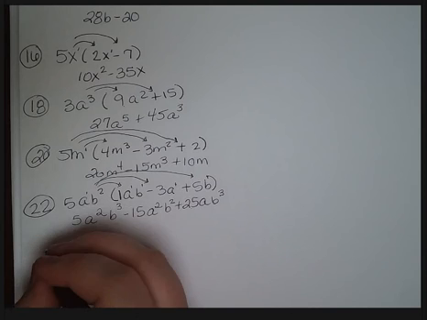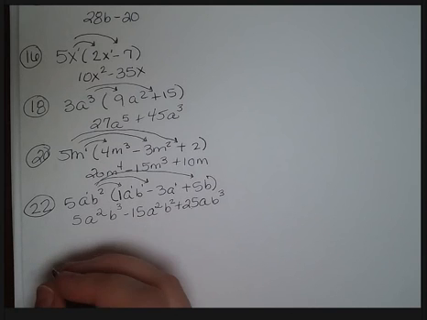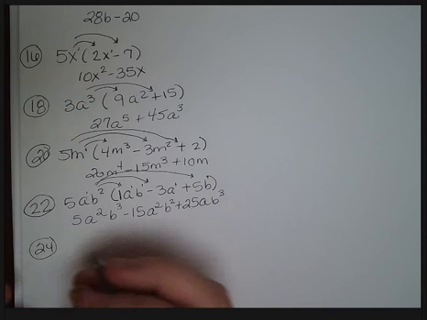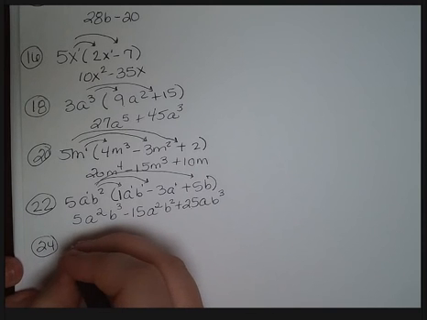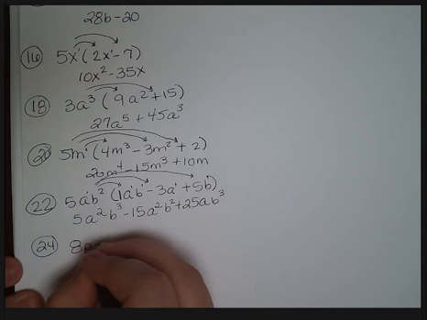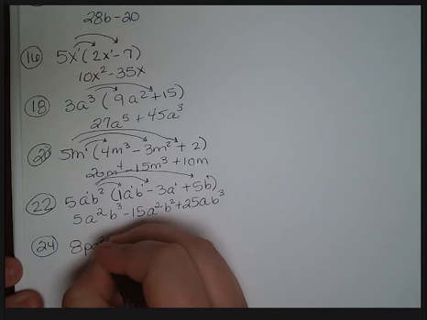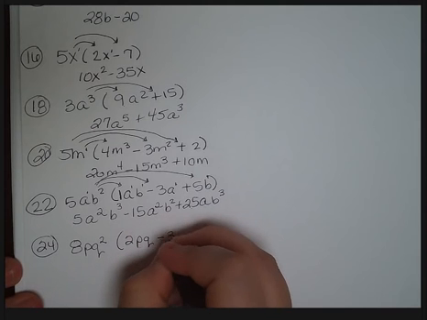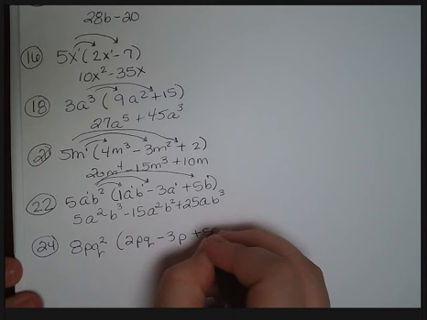Okay? Now looking at problem number 24, we have 8pq squared times 2pq minus 3p plus 5q.